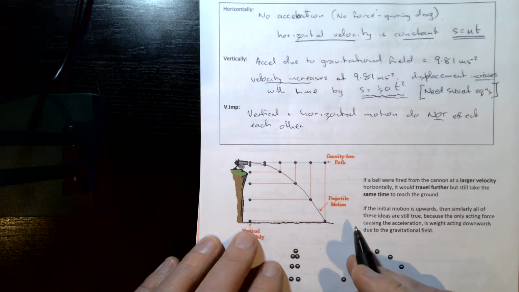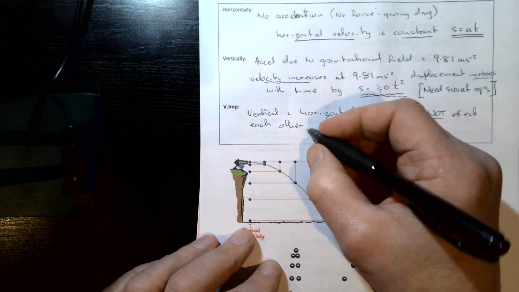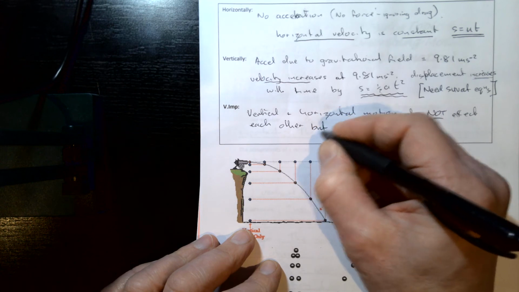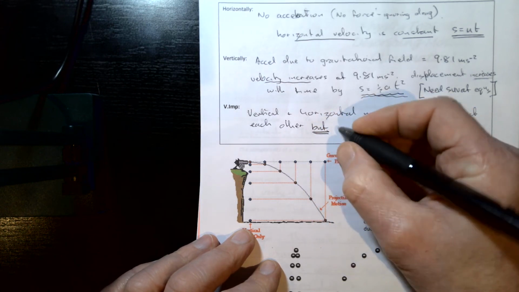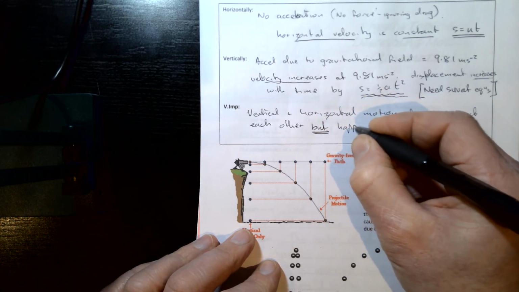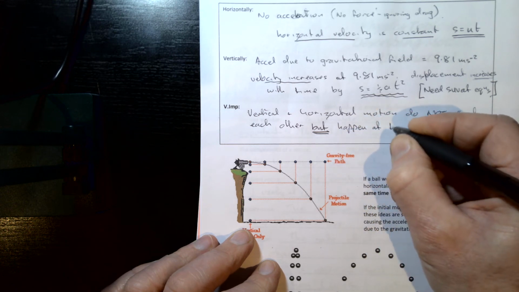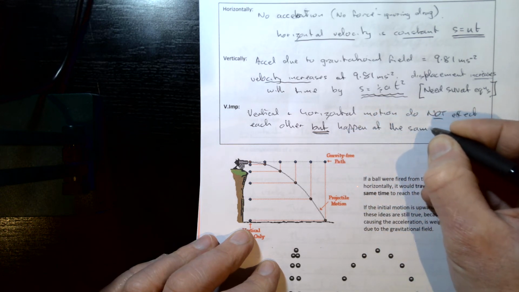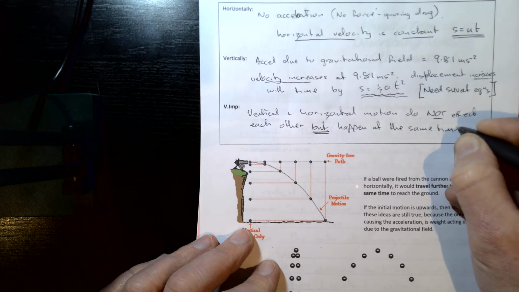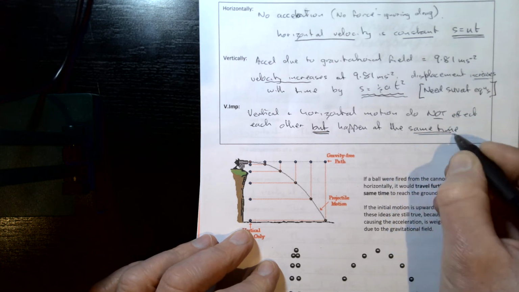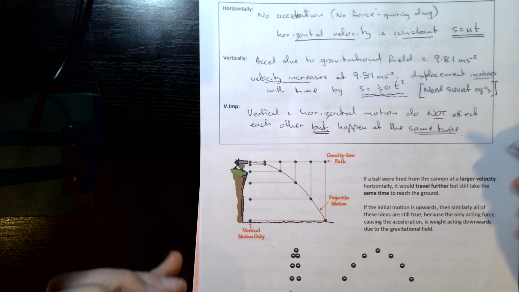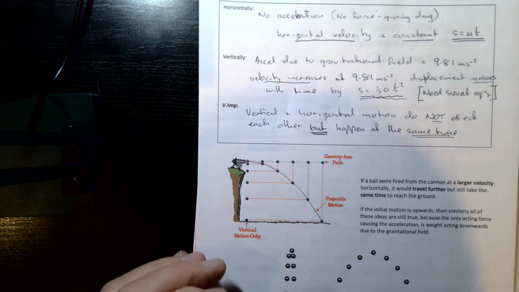Okay, so in other words, they take the same time. But, this is crucial, they happen at the same time, and therefore take the same total time. So that's your clue with how to make things work.